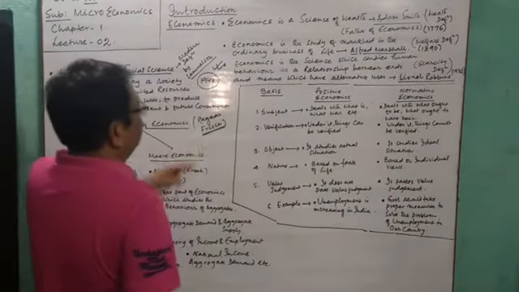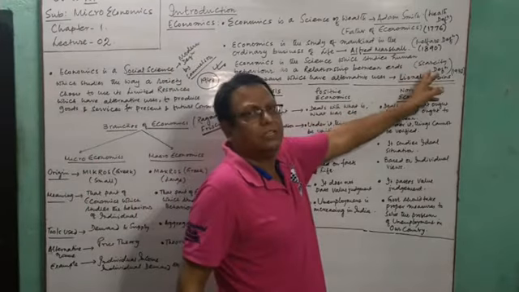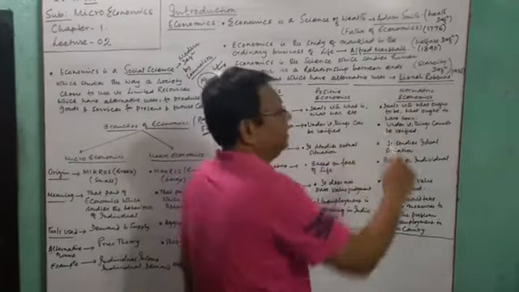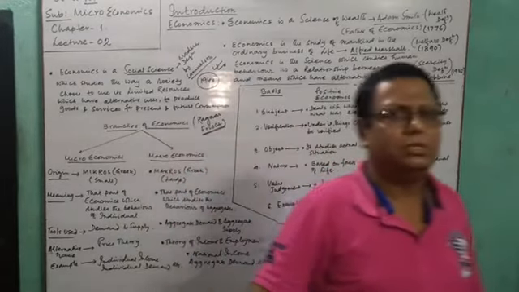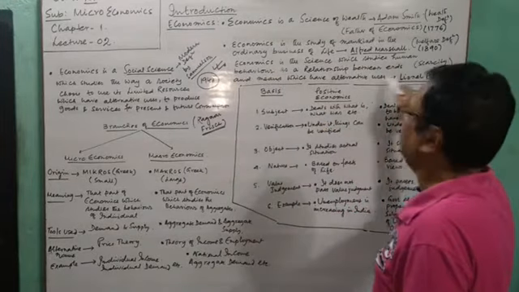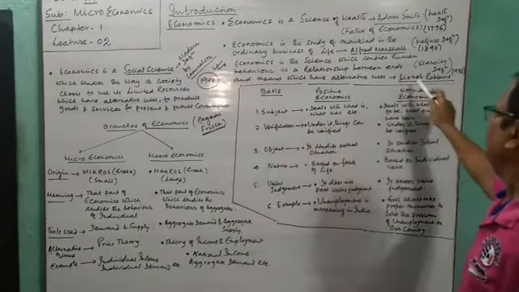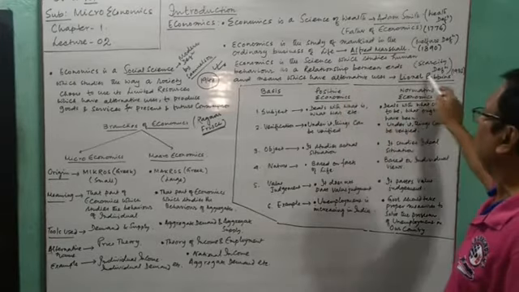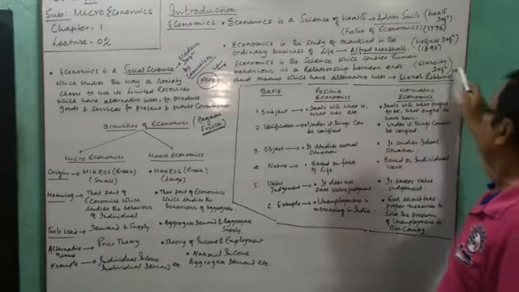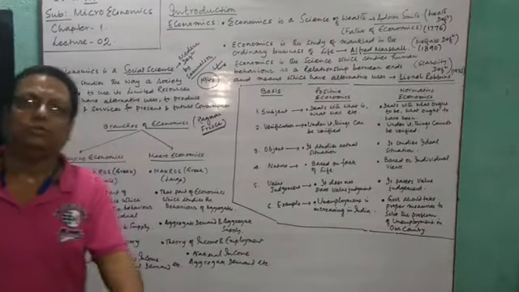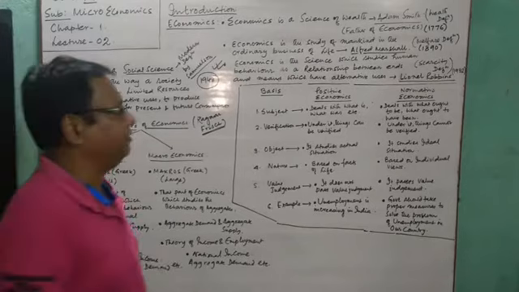The third one is known as the scarcity definition, the most widely used definition of scarcity. In your exam, if it comes that define economics, you better use this very definition given by Lionel Robbins in the year 1932. Lionel Robbins definition, this is known as the scarcity definition, and it is the widely used, most accepted definition.